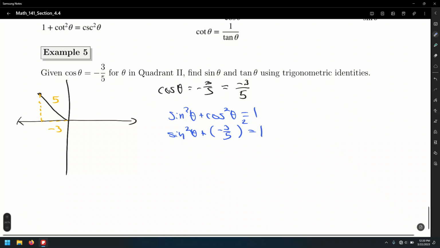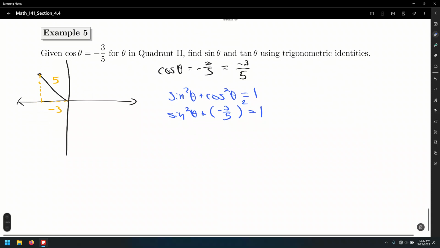And from here, we may go about solving for the sine function. So sine squared theta plus 9/25 equals 1. Let's subtract 9/25 from both sides.